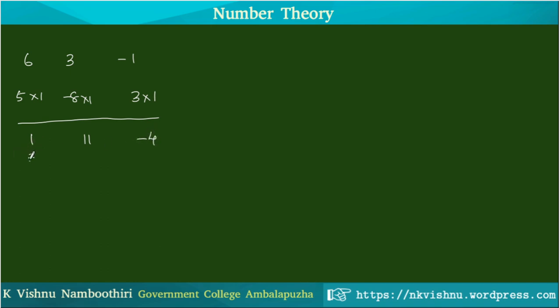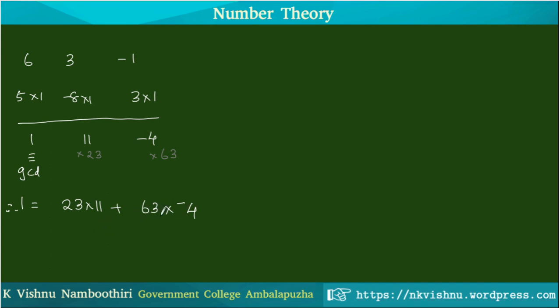See, this is actually the GCD. And remember that here it is 23 into, this is into 23 is here, into 63 is here. Therefore what we got finally is that 1 equal to 23 into 11 plus 63 into minus 4.